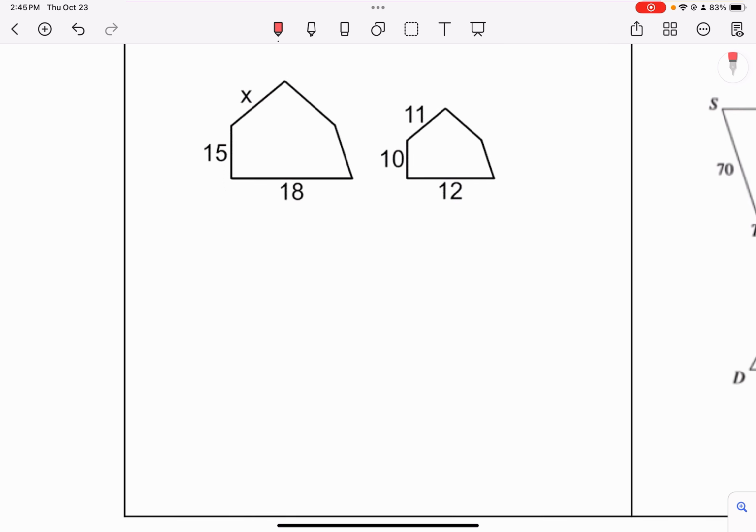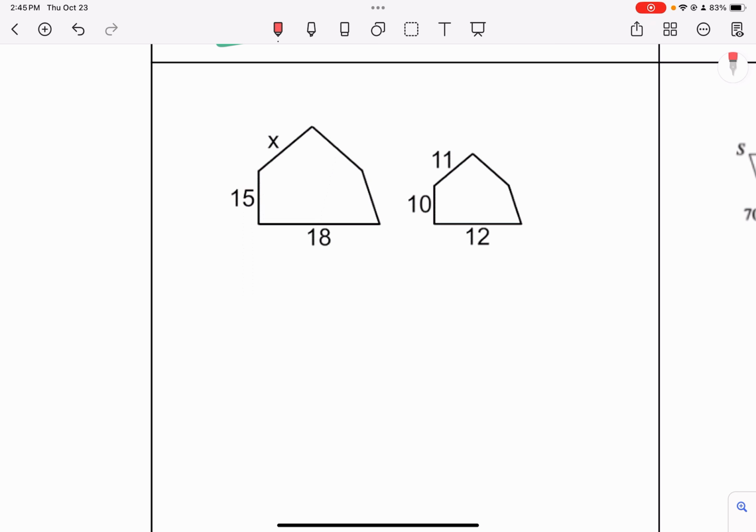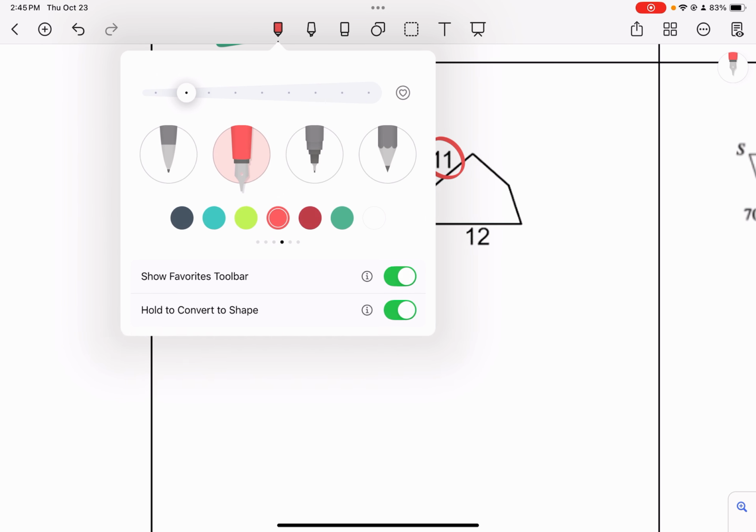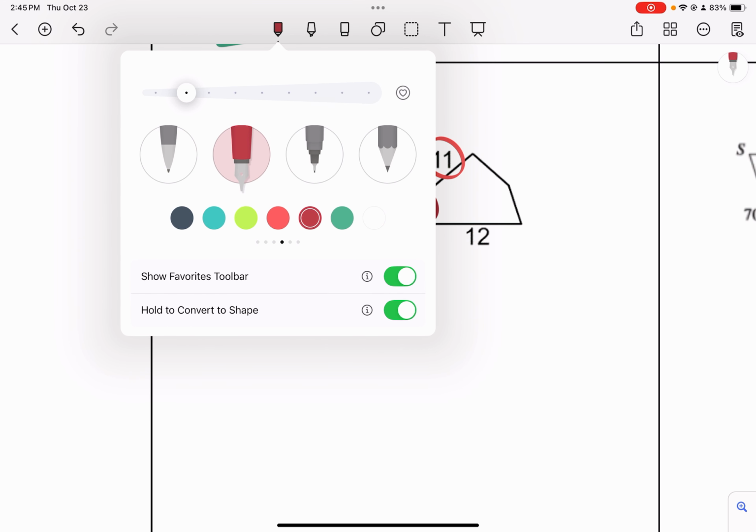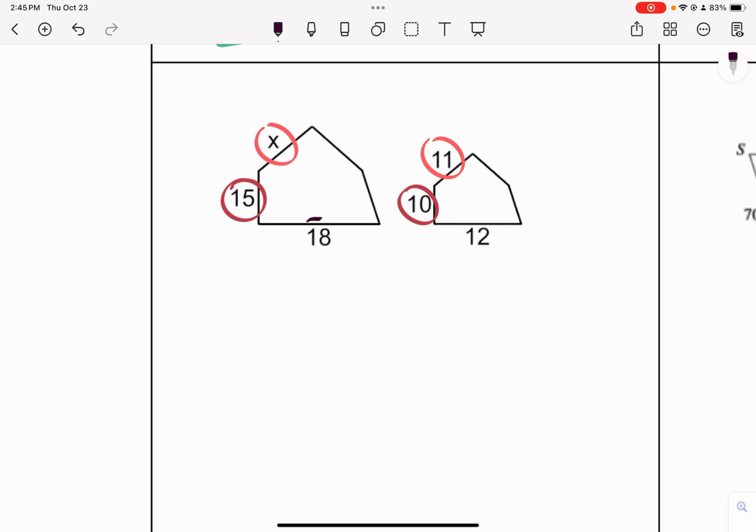Okay, next one. This one, you've got a lot of options here. I can do x and 11, and then I can do 15 and 10, and I can do 18 and 12. So x and 11 I definitely need, and then I'm just going to use 18 and 12. But other options are available.